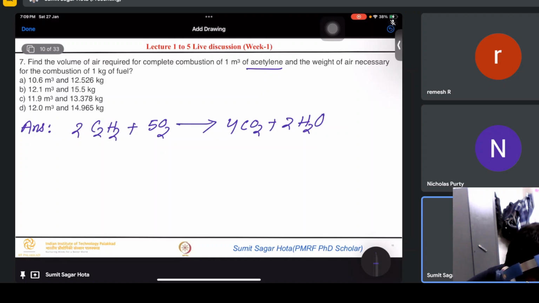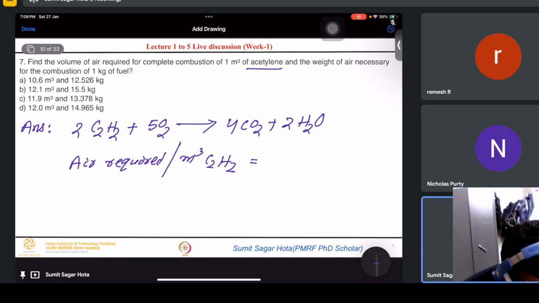First your job is to find what is the air required, air required per meter cube. 1 meter cube of acetylene is already given, and combust 1 kg of fuel.